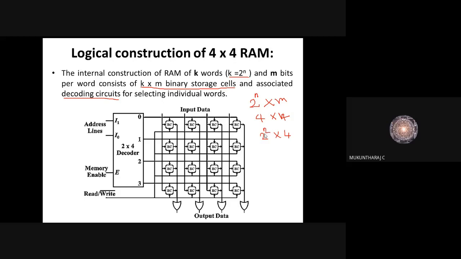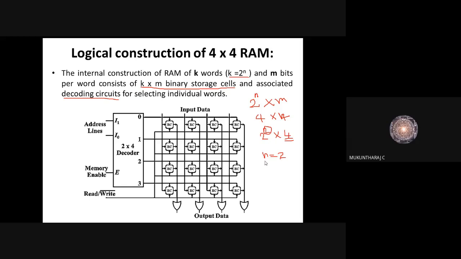So this 2 represents the number of address lines, so n is equal to 2. This 4 is nothing but the number of bits available in input data. So 4-bit data should be stored or retrieved from the memory.